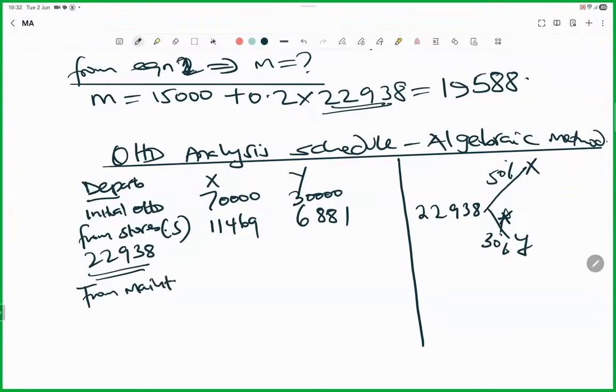And then give me from maintenance. I'm only concerned with the percentages in the production departments. From maintenance, we know we have an M. What was the value of M? 19,588, eh?